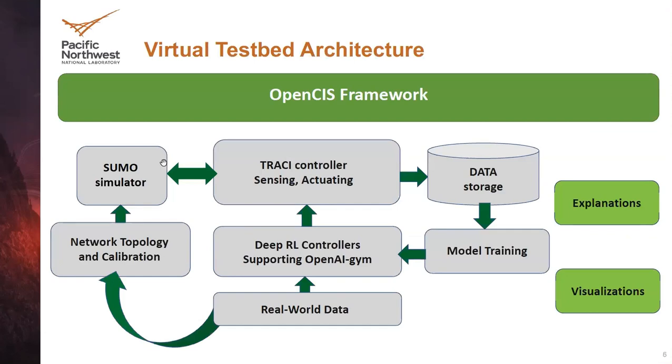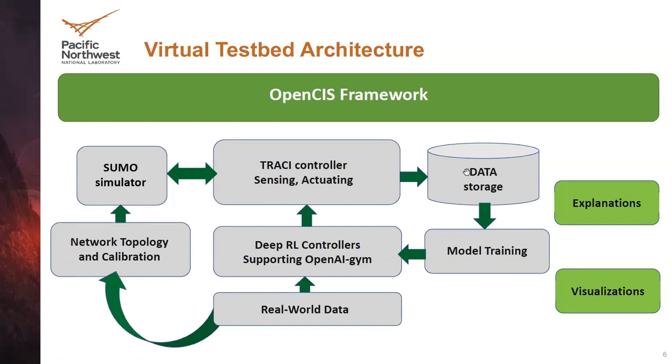So here is the basic architecture that we have developed. Essentially, we have the deep RL controller in the center, and we have the SUMO simulator over here, which is talking to the TrackEye controller, which is sensing and actuating the decisions taken by the RL controller.